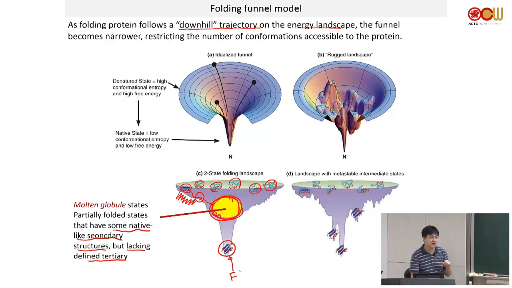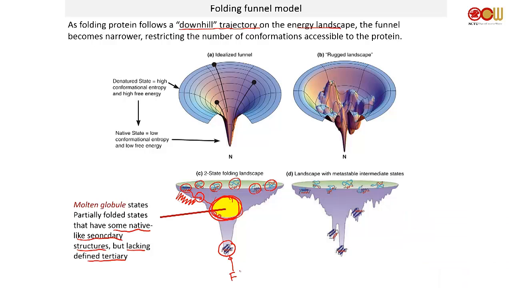Remember we talked about tertiary structures and topology, that CATH category. You can have different topology even though you already have the alpha helices and the beta sheets, so you can still have different topology moving in here until it eventually becomes the final state.